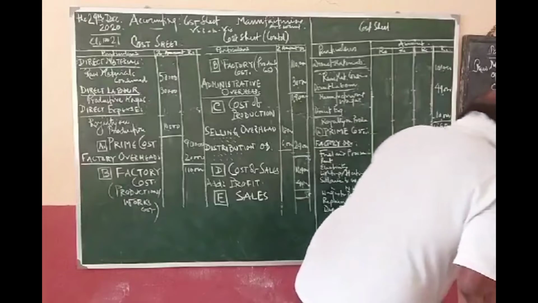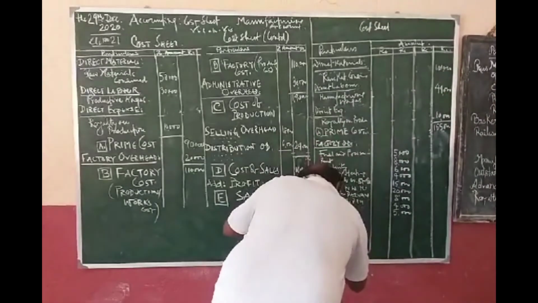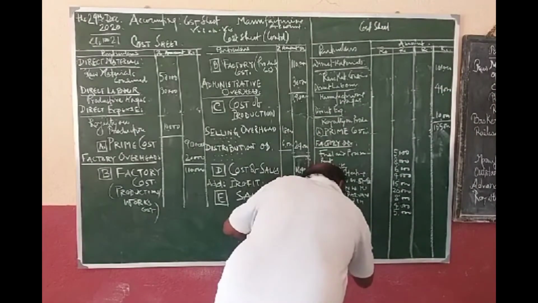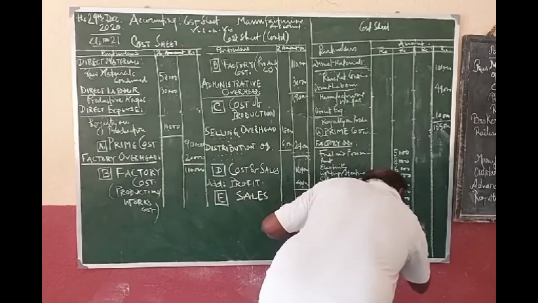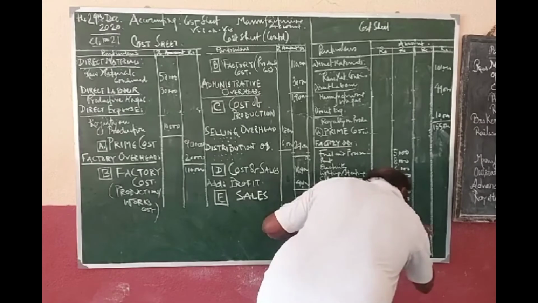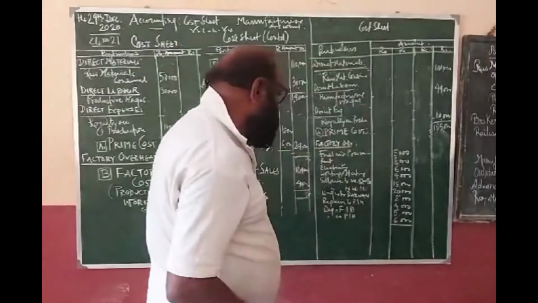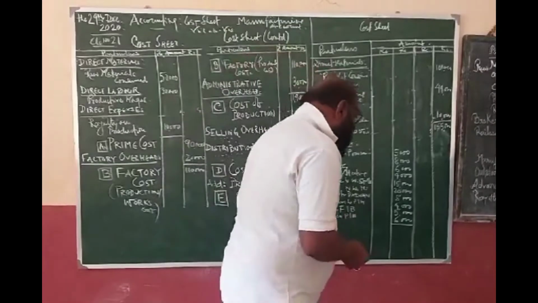And depreciation on plant and machinery is 6,000. So this is the total item.